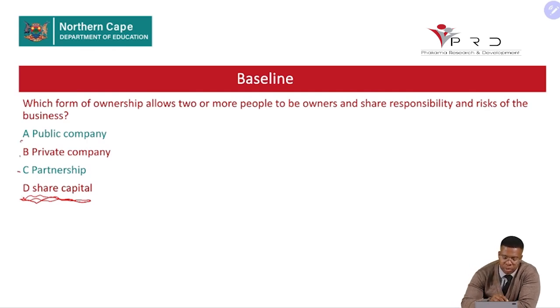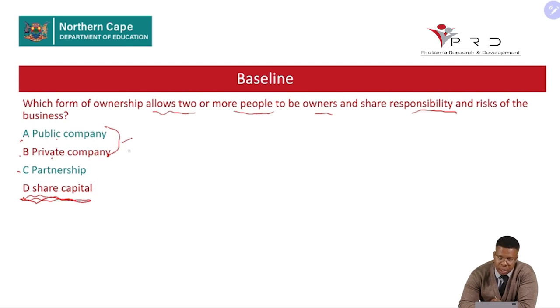Now, this form of ownership says it allows 2 or more people to be owners and share responsibility and risks of the business. Is it a public company or a private company? Remember, when we are talking about companies, we are talking about shareholders becoming the owners.